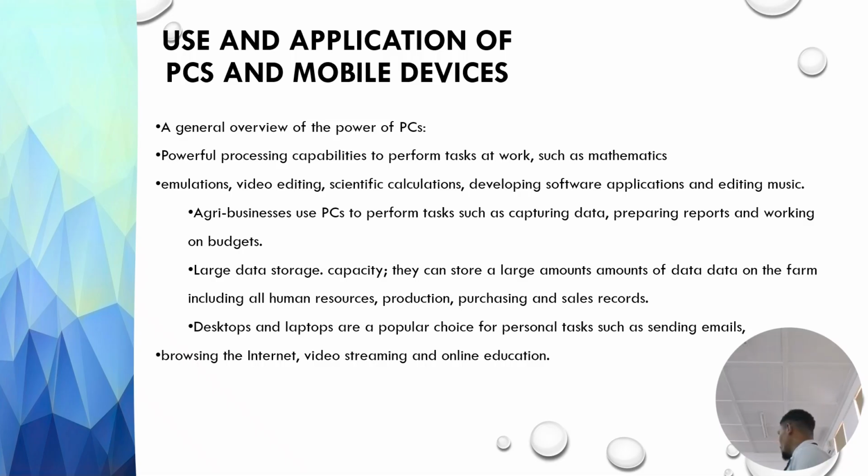So any agribusiness has particular software that tracks resources or products to keep track of inventory, so what you sell or what you use as well. Desktops and laptops, browser, the internet for video streaming and online education.